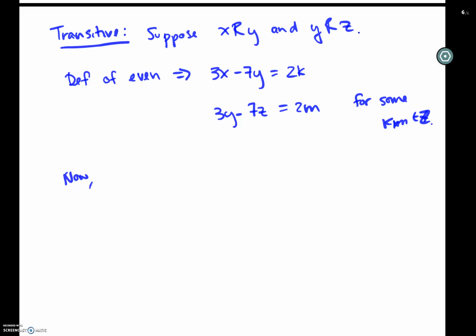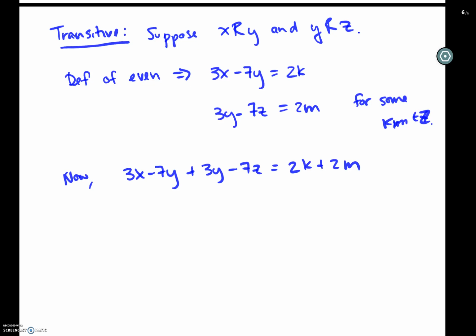And so now, if we go ahead and add them up, what do we have? We have 3x minus 7y plus 3y minus 7z. Well, that would have to be 2k plus 2m.